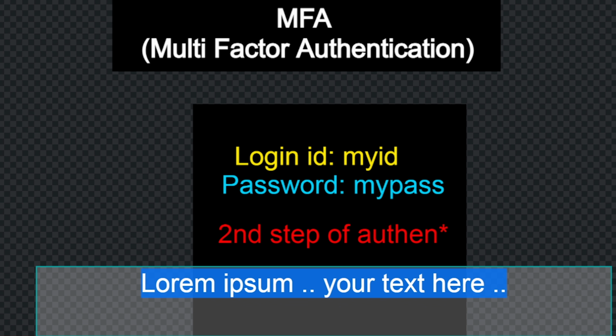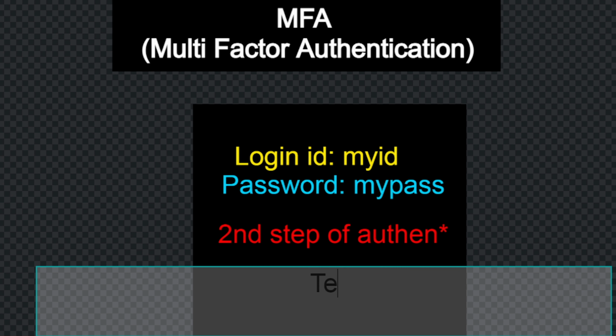Or, since it's a website, we're going to pretend it's going to use our phone as the second step of authentication, and that is to send us a text message code. I'm going to call it that, and I'm going to type in just a random number.